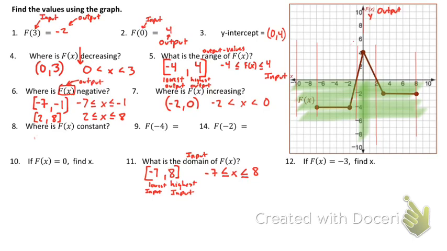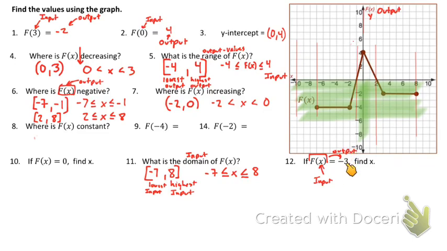Okay. Number 12. On number 12, I want to know, remember, the X represents my input. And this guy is my output. So it says, when is my output -3?